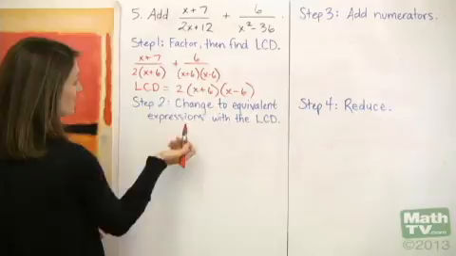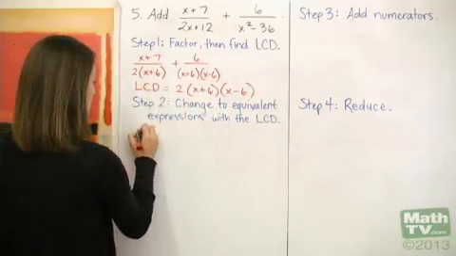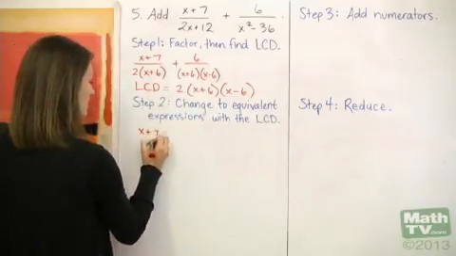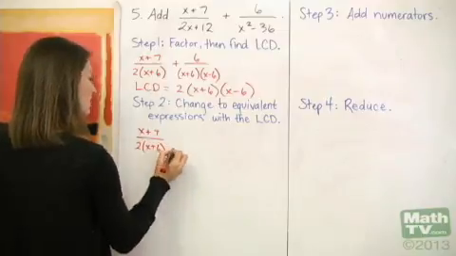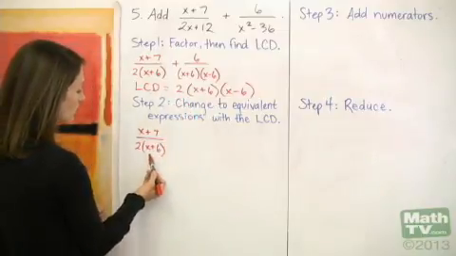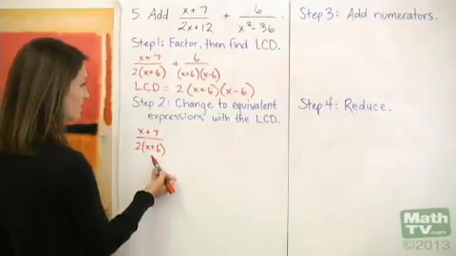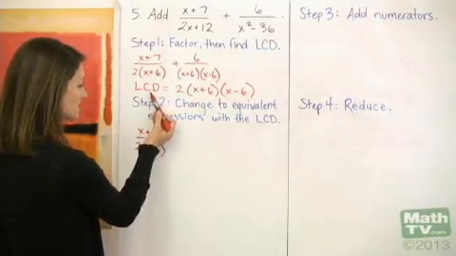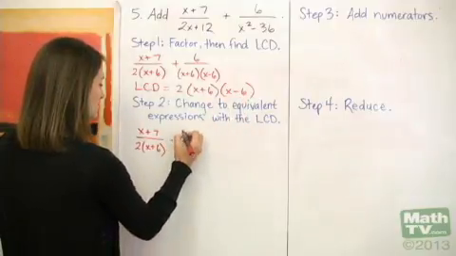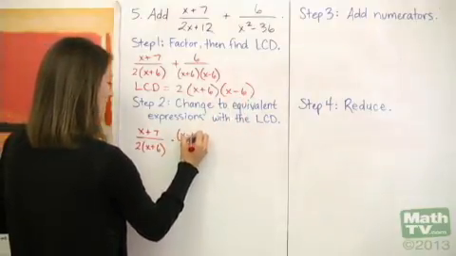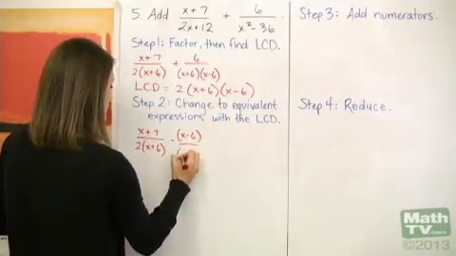So in order to do that, let's start with our first expression. We have x plus 7 over 2 times x plus 6. So as I just mentioned, the only factor in this denominator that's missing in order to make it our LCD is x minus 6. So we need to multiply the numerator and the denominator by this missing factor.